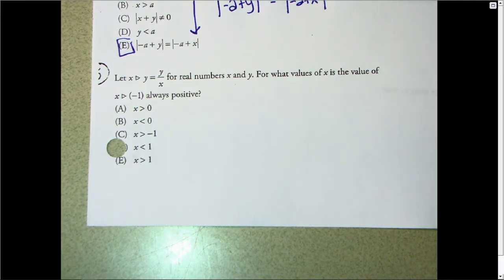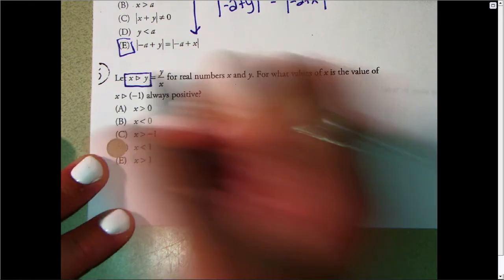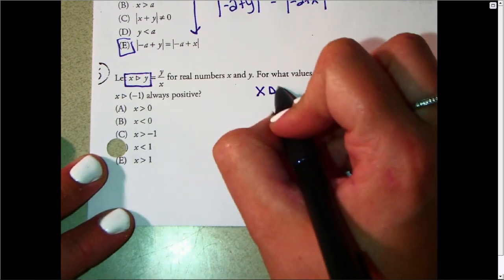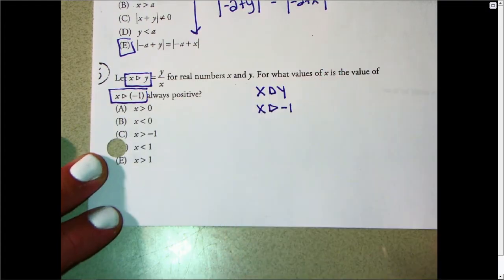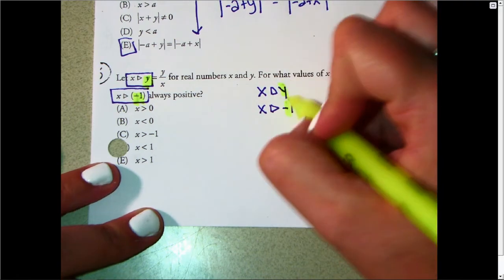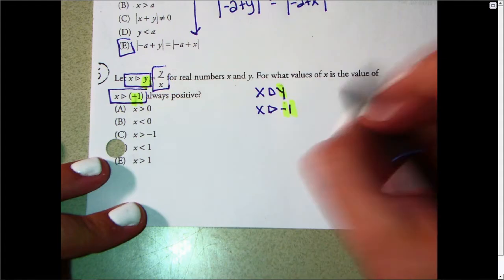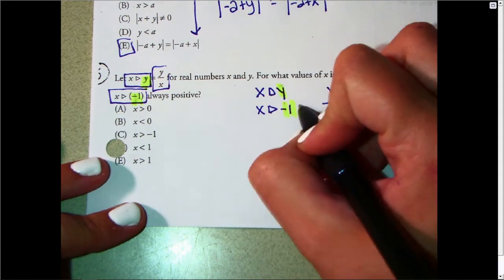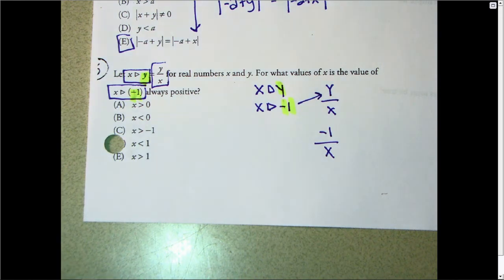It's called fancy substitution because if we look here, X arrow Y, and then I look down here, X arrow -1, notice that the Y has been replaced with -1, which means when we go to our fraction of Y over X, it just means I'm going to replace Y with -1.